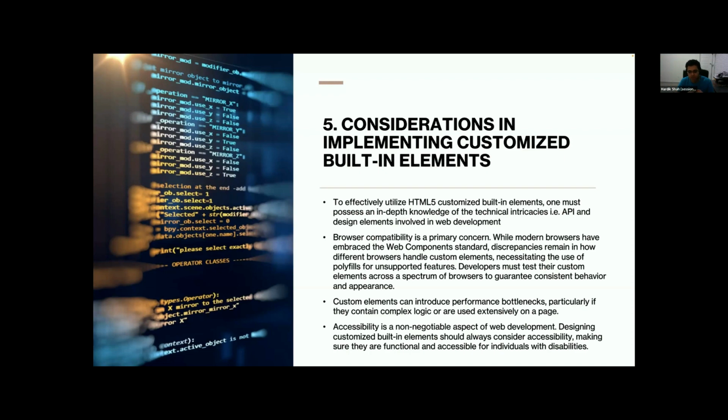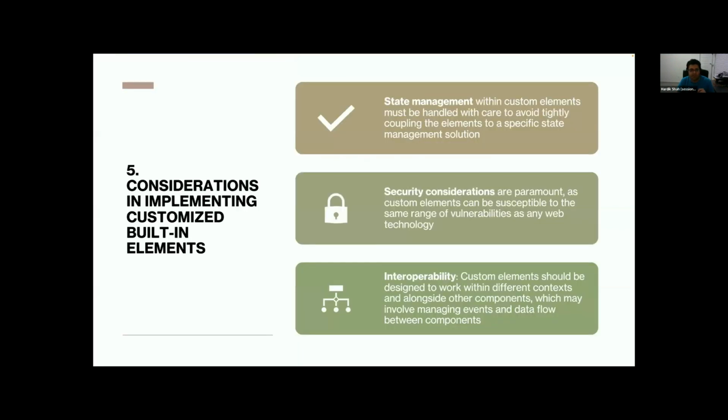Custom elements can introduce performance bottlenecks, particularly if they contain complex logic or are used extensively on a page. So one must evaluate performance as they scale the user interface using customized built-in elements. Accessibility is a non-negotiable aspect of web development. Designing CBEs should consider accessibility, making sure that they are functional and accessible for individuals with disabilities.